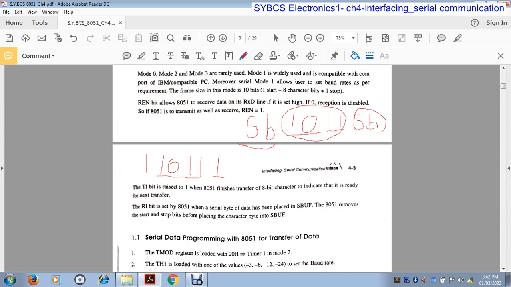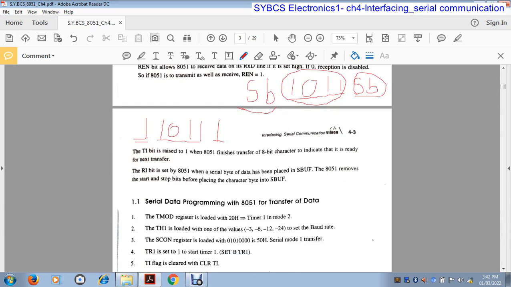The start bit indicates that the transmission of information has started. And this last one is called the stop bit. The stop bit indicates that the transmission of information is finished. Therefore we add a start bit and a stop bit.